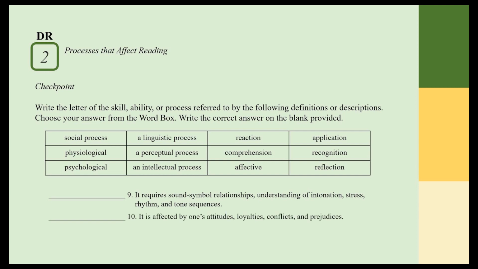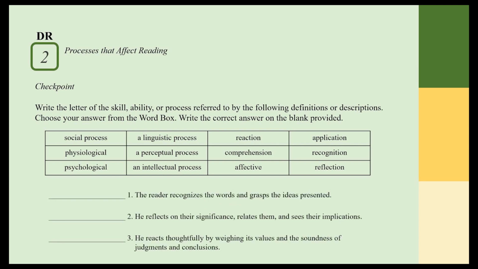For the last item, it is affected by one's attitudes, loyalties, conflicts, and prejudices. If you're still answering, you can pause this video. If you want to review the previous items, you can always go back, okay? But if you're done, let's now check your work.